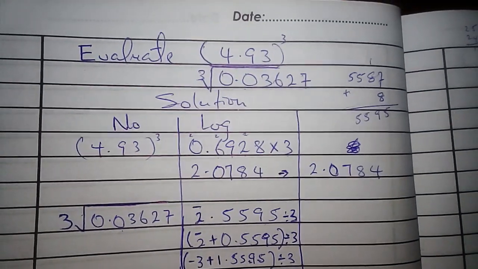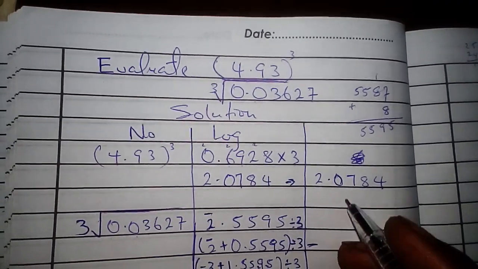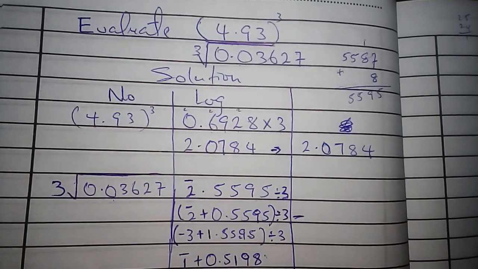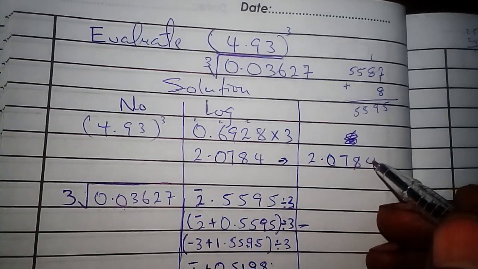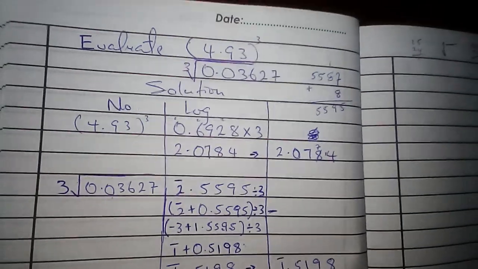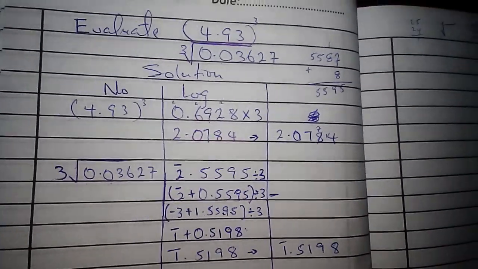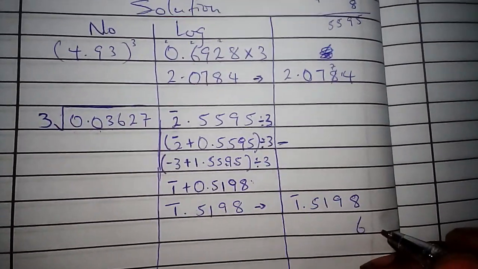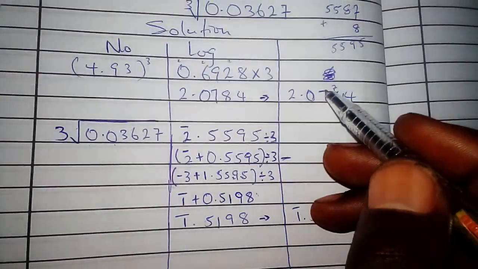So when we minus, let me put minus here. Minus this. 8 can't go. So borrow 1 from here, which turns to 7. 14 minus 8, we have 6. So 7 minus, it can't go. Borrow 1 here.